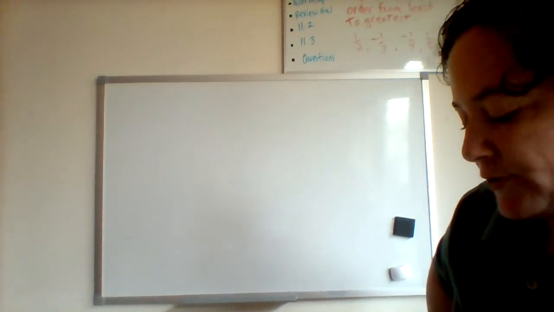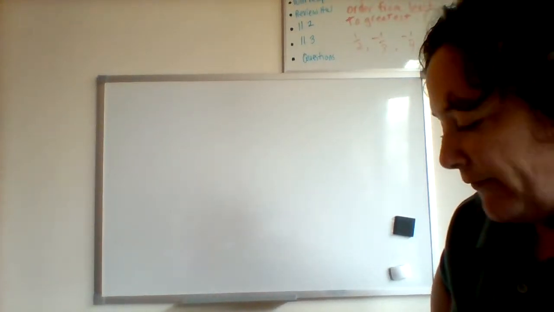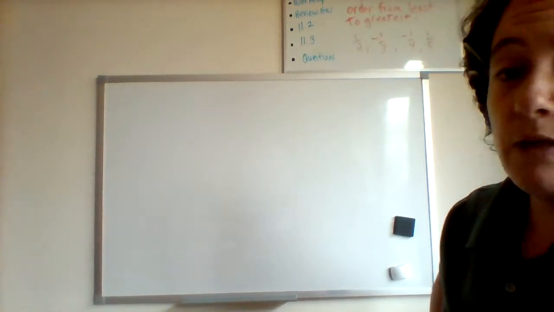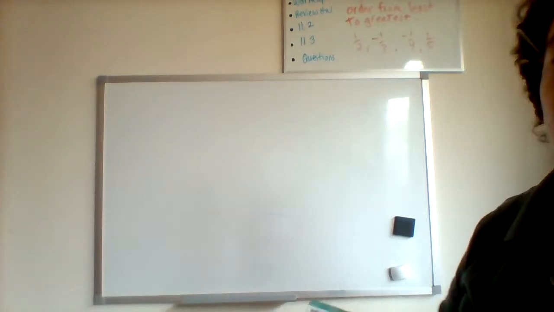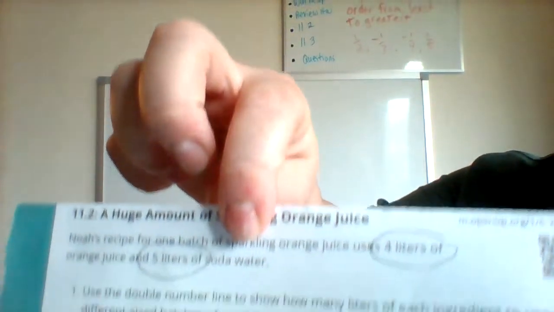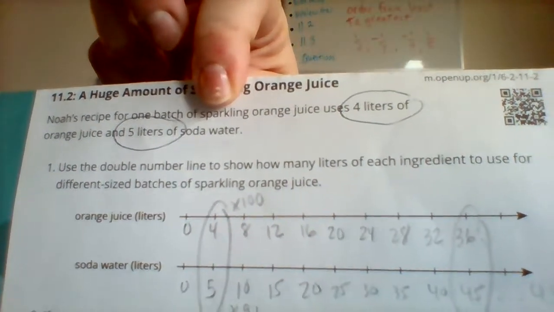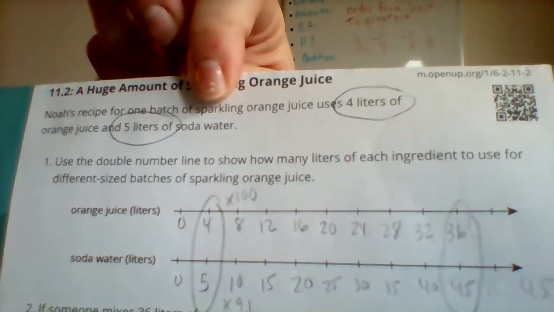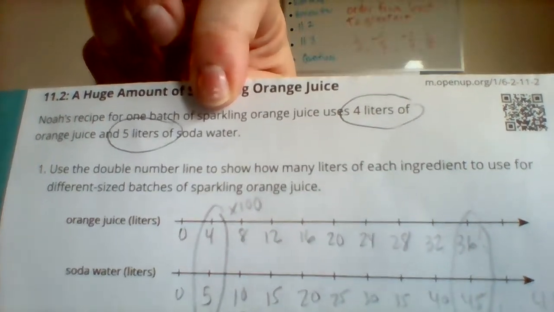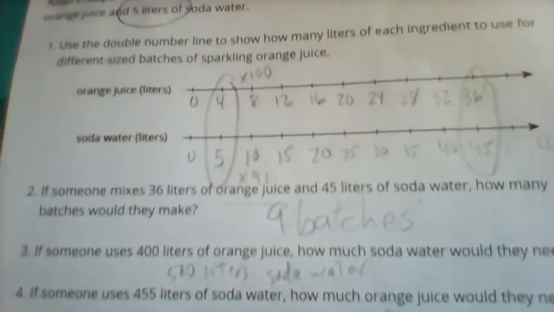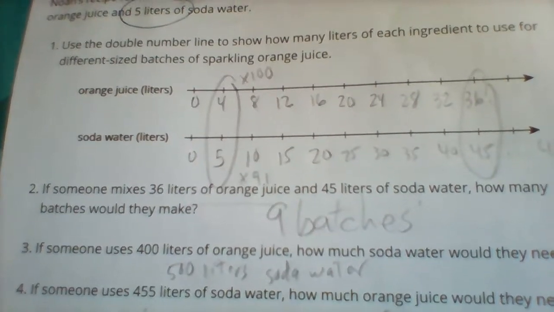Now, you see how they say if someone uses 400 liters. Now, 400 liters is not on our double number line. It's not even close, but we could get there pretty quickly. Because what happens when you take 4 and you multiply it by 100? You get the 400 that they're looking for, right? Now, what do you get when you get 5 times 100? 500.